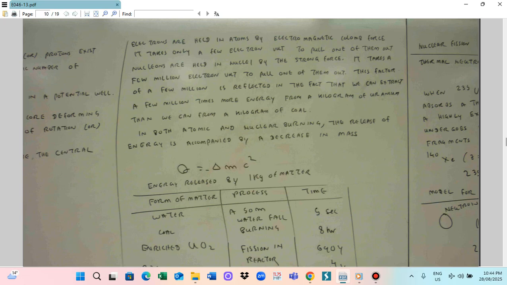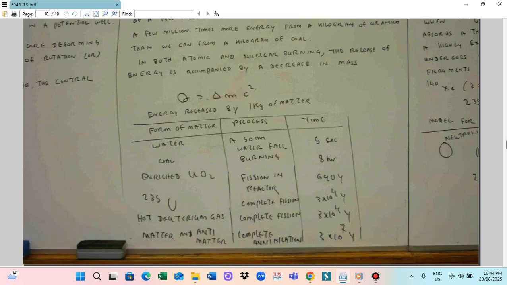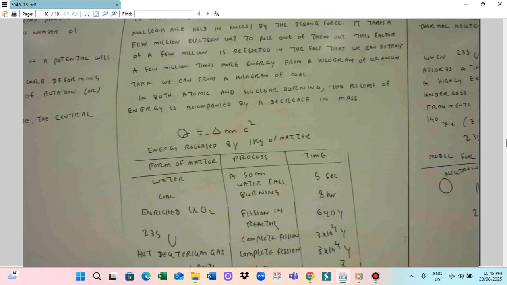That energy is given by the equation Q equals delta m c squared, where m is the mass and c is the light velocity, 3 times 10 to the power 8 meters per second. So a lot of energy can come out. Neutrons are held in the nuclei by the strong force. It takes a few million electron volts to pull one of them out.